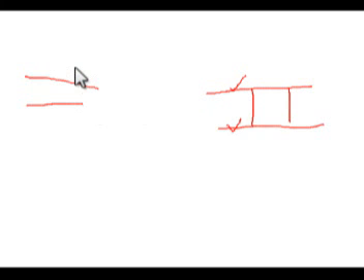So there are two points: two lines can be parallel or not parallel. Now look at this.